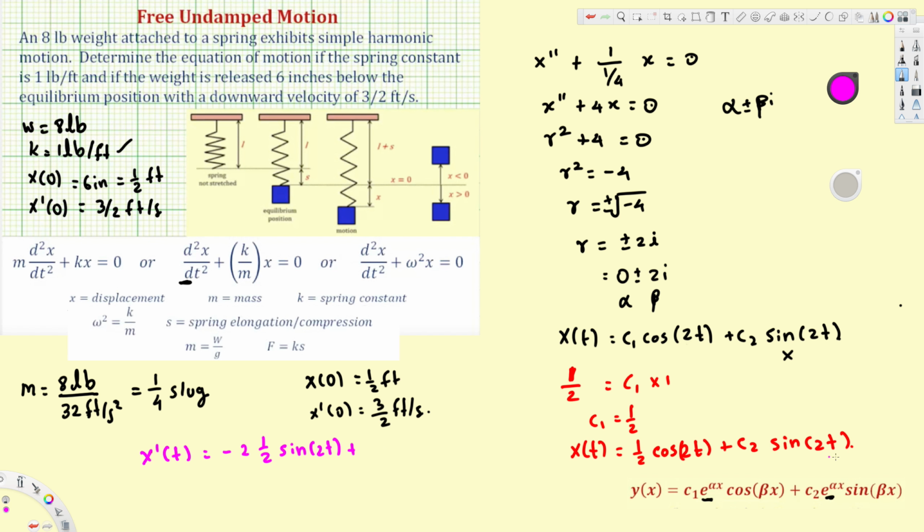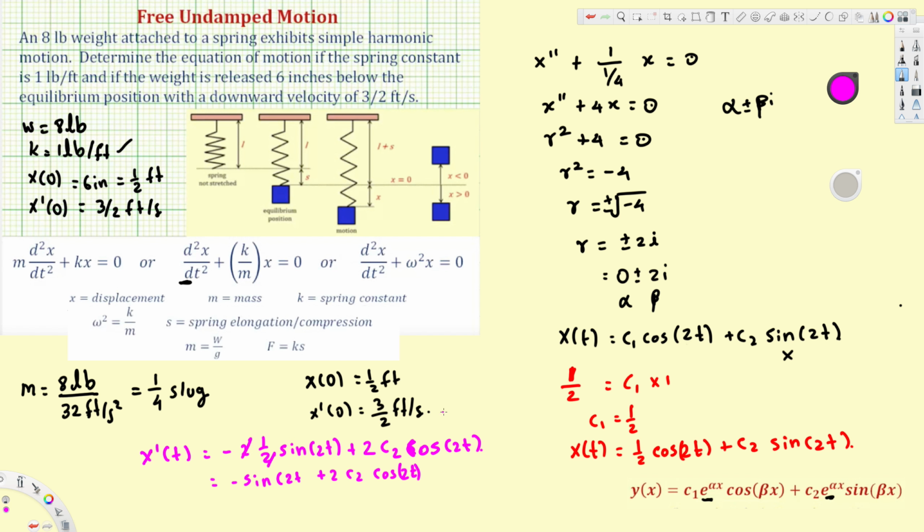Then again this is also chain rule: the derivative of sine 2t is going to be cos 2t, and inside derivative is going to be 2, so this is going to be 2c2 cos 2t. Let's simplify this one. The 2 and half cancel each other, and we are left with minus sine 2t plus 2c2 cos 2t.